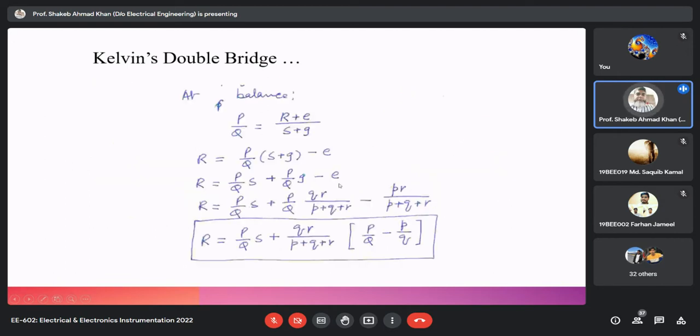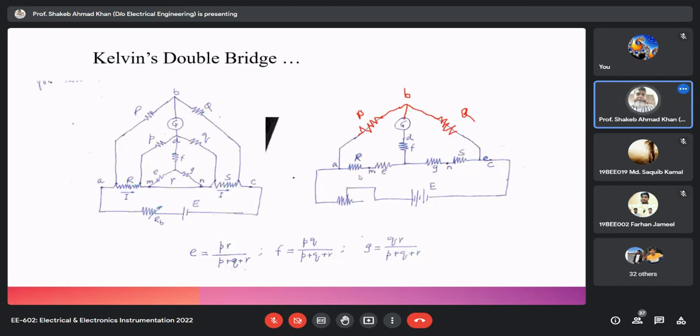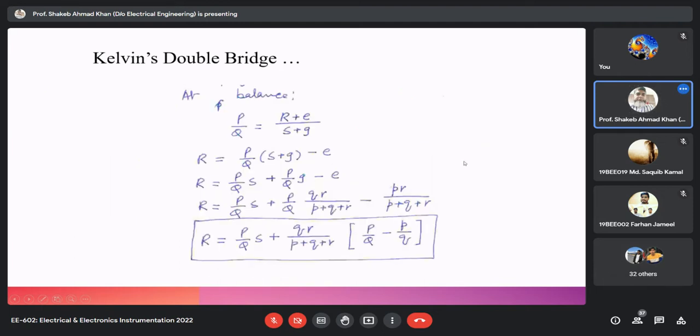Anyway, now we'll balance the bridge, and when the bridge is balanced, then obviously P upon Q will be equal to R plus E divided by G plus S. So this is what we have written, and then we modified it.